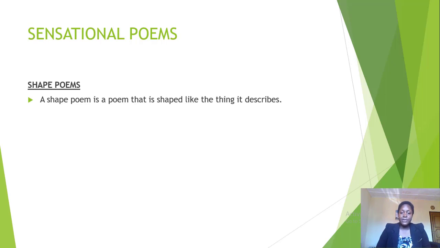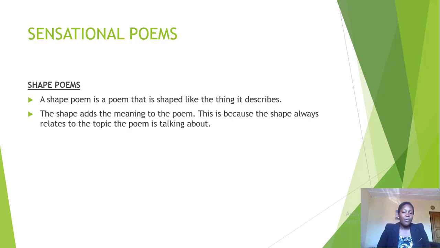Now, how are you able to determine which shape to use? The shape used will always be in relation to the topic of what the poet decides to write about. If I am writing, for example, about a banana, I might shape my poem with a banana, where my writings can come either inside the banana or my words can take the shape of a banana.